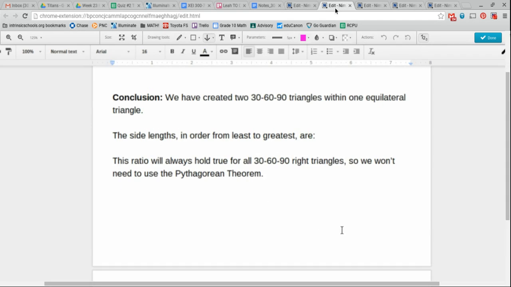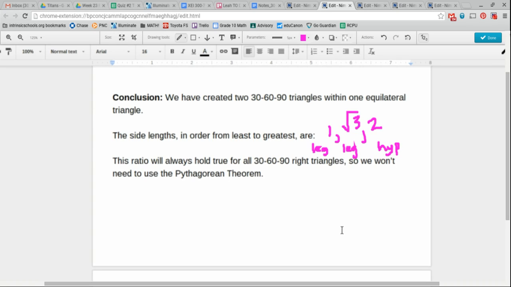So let's make some conclusions here about the things that we just talked about. It says, conclusion, we have created two 30, 60, 90 triangles within one equilateral triangle. The side lengths of that 30, 60, 90 triangle in order from least to greatest were 1, rad 3, and 2, where 1 was a leg, rad 3 was a second leg, and then 2 was our hypotenuse.